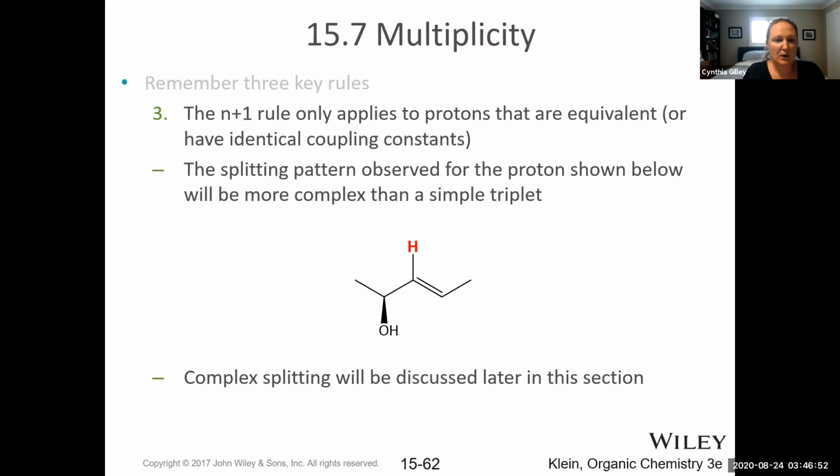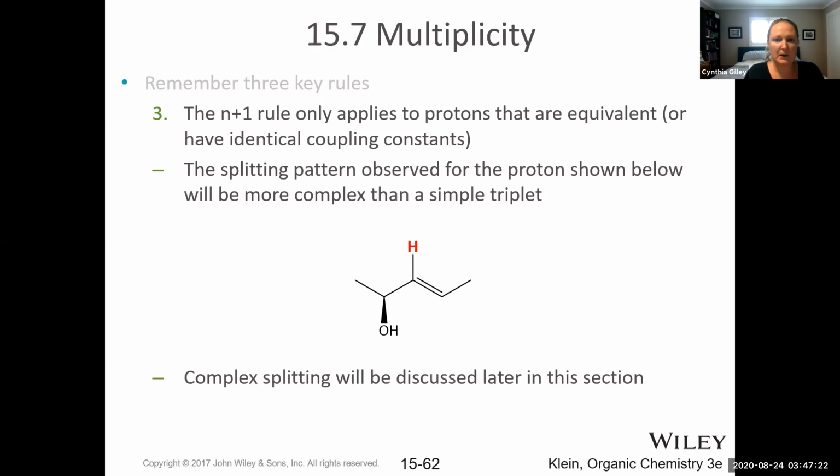Okay, so the n+1 rule only applies to protons that are equivalent or have identical coupling constants. So basically the question is, can you have neighbors on both sides and still use the n+1 rule? For example, if you have a CH2 and it's got 2 neighbors on one side because there's another CH2, and then it has 3 neighbors on the other side because it has a methyl next to it.